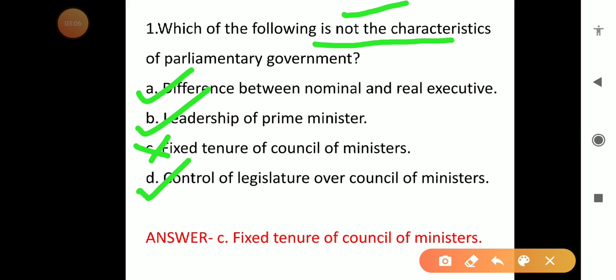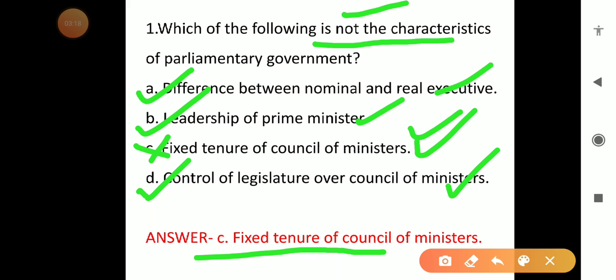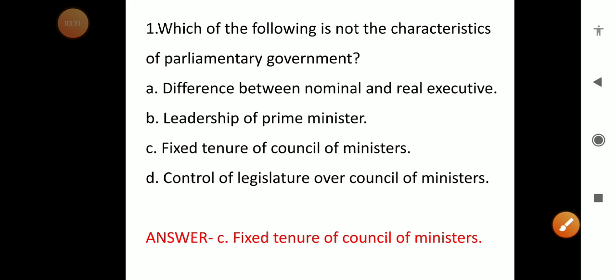This is a characteristic, this is also a characteristic, and this is also a characteristic of the parliamentary form. This is not. So this is our answer: fixed tenure of the council of ministers is not a characteristic. You must check here what the question says, right? Good. Let's move to the next question.